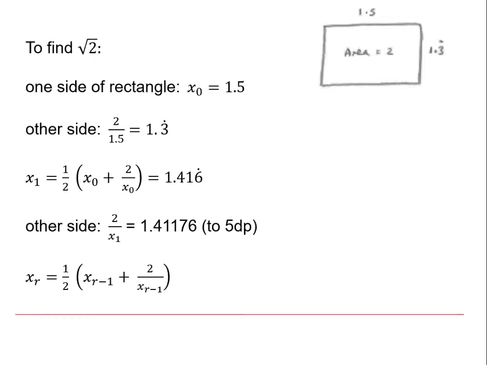So for the rth value we would take the average of the r minus first value and the other side that was produced by that. So that average then gives us our new value. And notice that we started on x0. That's fairly standard to do.